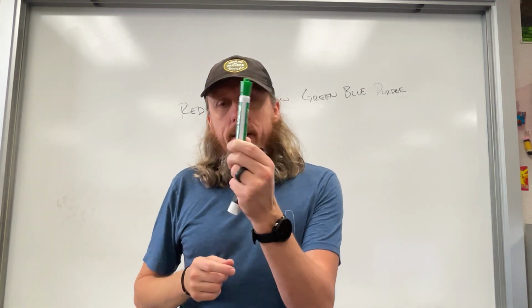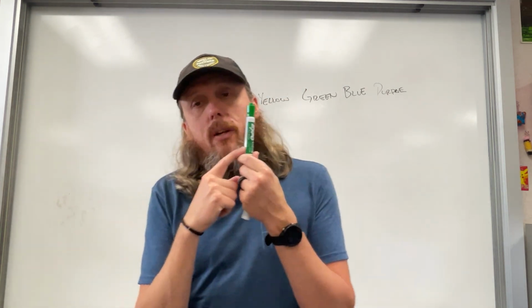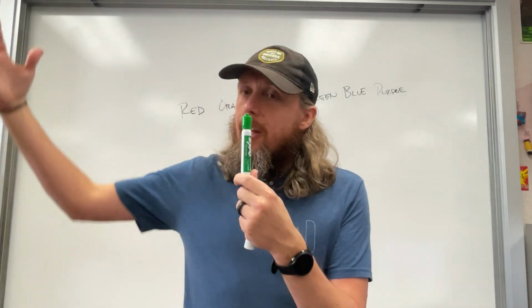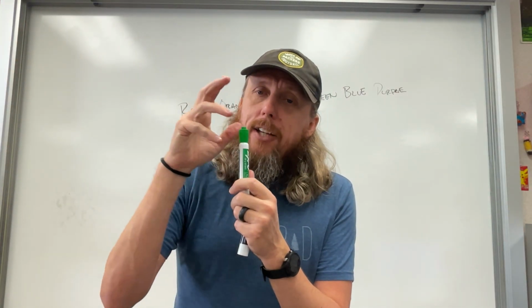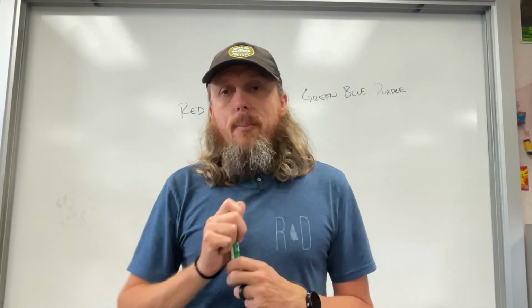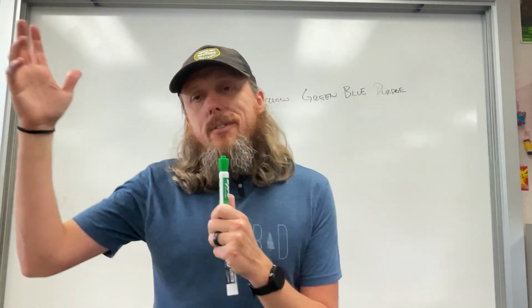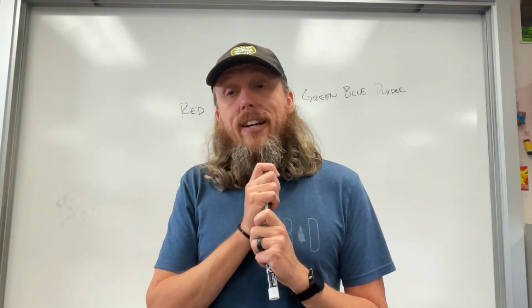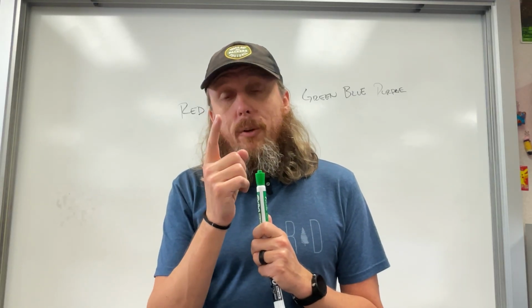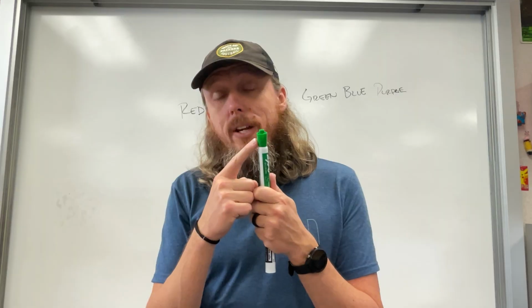This thing right here that we perceive as green, we perceive it as green because the light comes down, it hits the object, and it actually absorbs a lot of that electromagnetic radiation. It absorbs a lot of those colors, and it reflects off one frequency. It reflects off green.